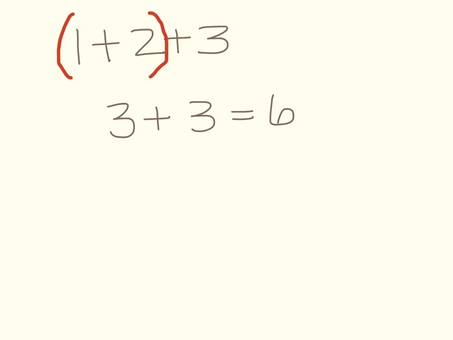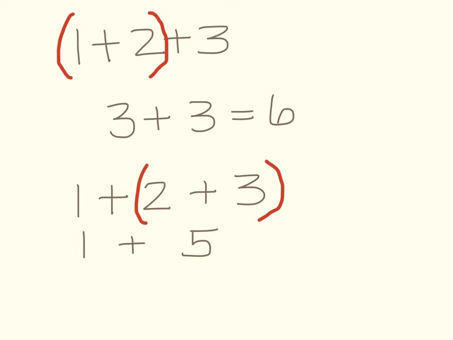Now again, if I were to write that same problem, 1 plus 2 plus 3, because of the associative property of addition, I can go ahead and associate two different numbers, or they can hang out together, and it's not going to change anything. Here, I would just first do the 2 plus 3 equals 5.